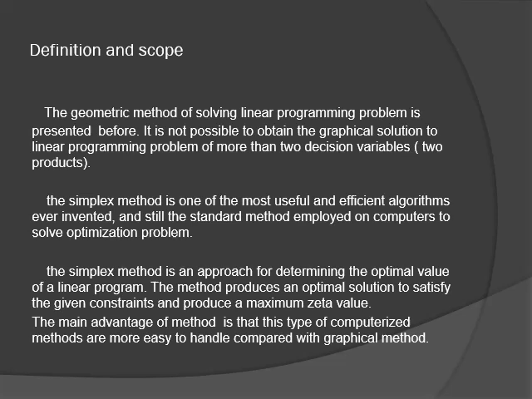Zeta means z, which belongs to the objective function. The main advantage of this type of computerized methods is that they are easier to handle compared to the graphical methods.